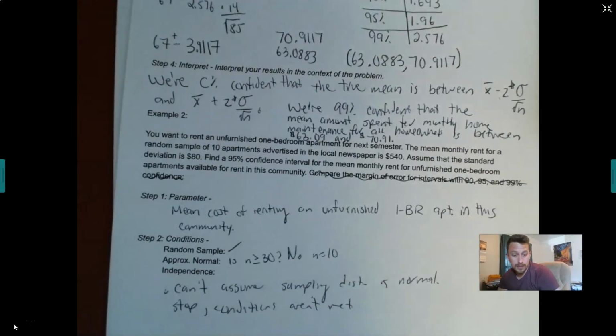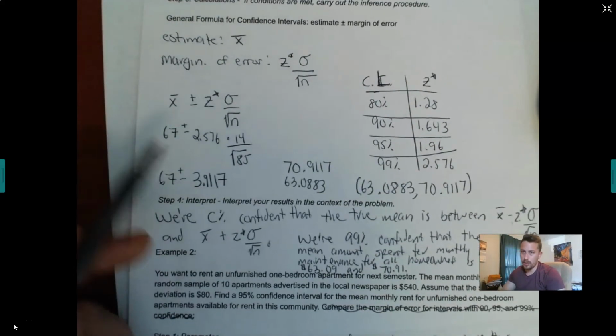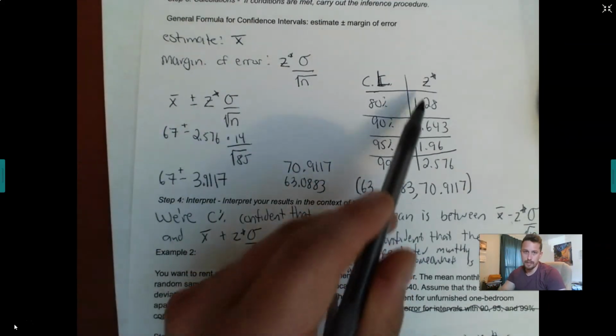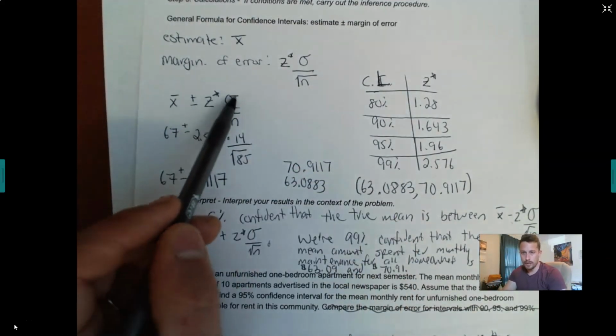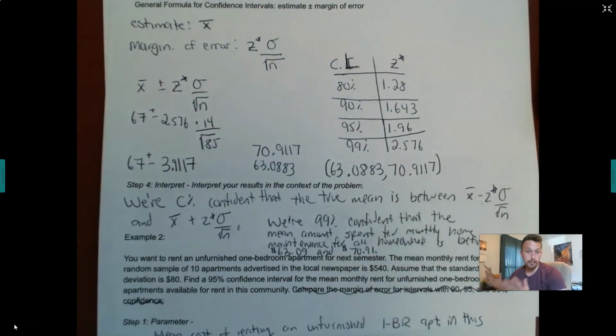You would stop. So you watch out for that in your homework. That might happen. But if it doesn't, it's really all the same formula. You have x bar, you have your z based off of your confidence level. This will be given, this will be given. Calculate it out. Use this as a template and just replace the numbers. And I think it would really just be that easy.